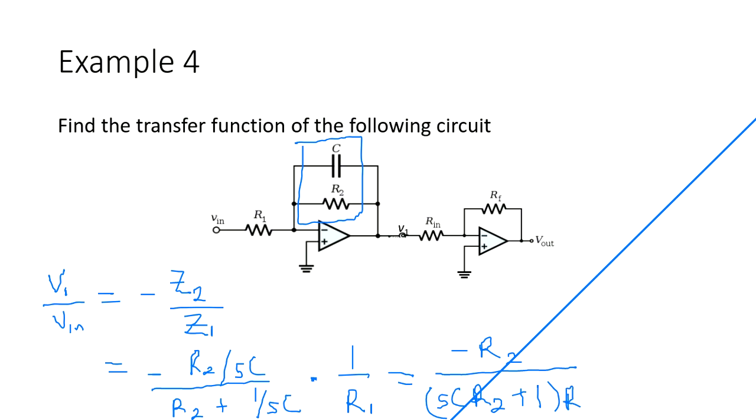So we found this first part, V1 over V in, is equal to minus R2 over R1 into 1 plus SCR2.